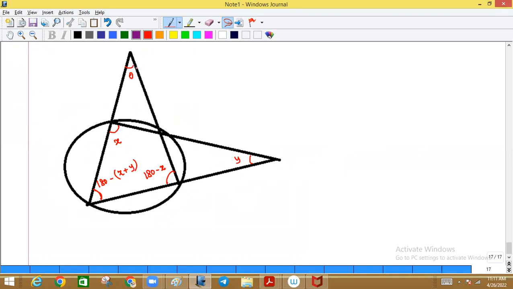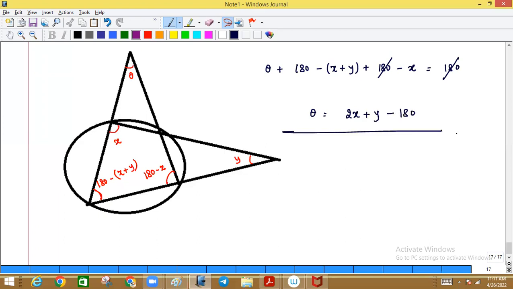Theta plus 180 minus (x plus y) plus 180 minus x equals 180, so theta is 2x plus y minus 180.